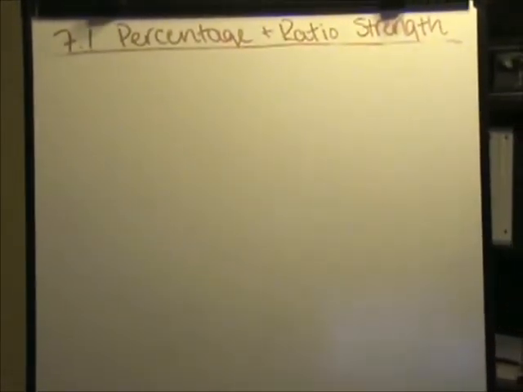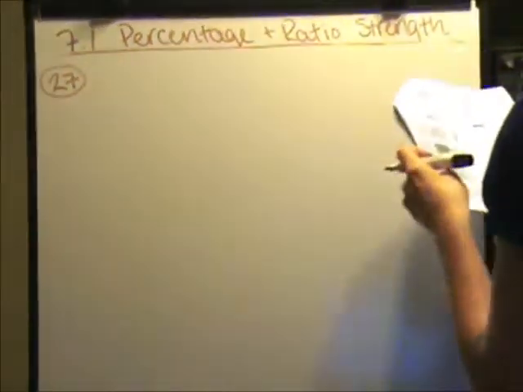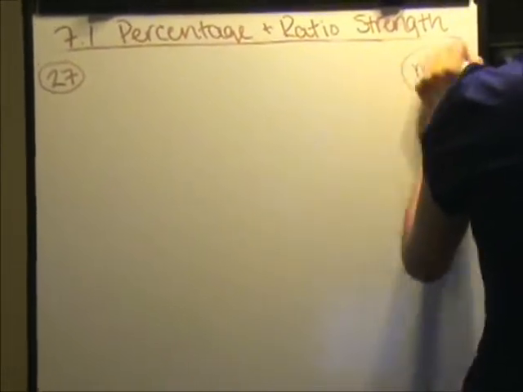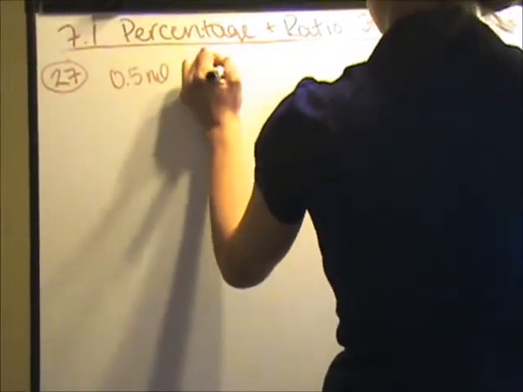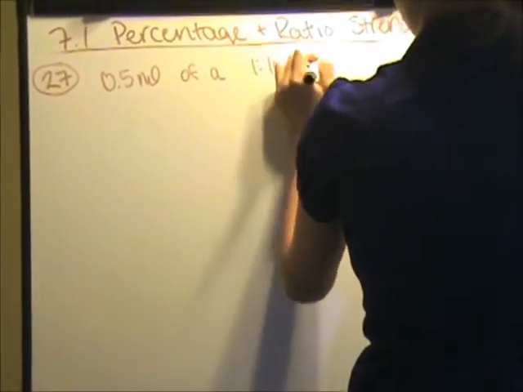Okay, let's do one more, number 27, because that one looks slightly different than some of the other ones. How many milligrams are in 0.5 ml of a 1/1000th solution?